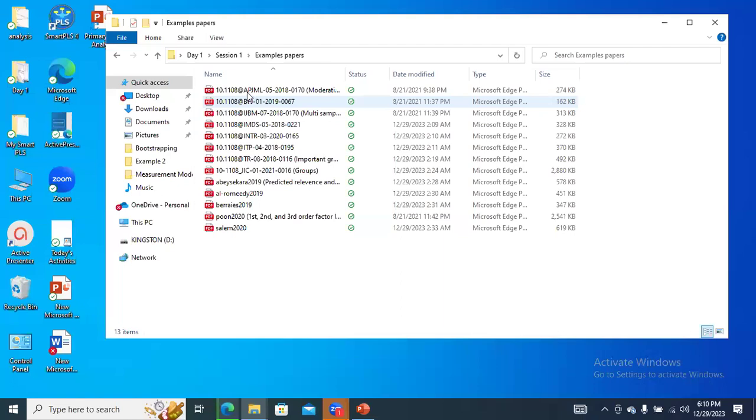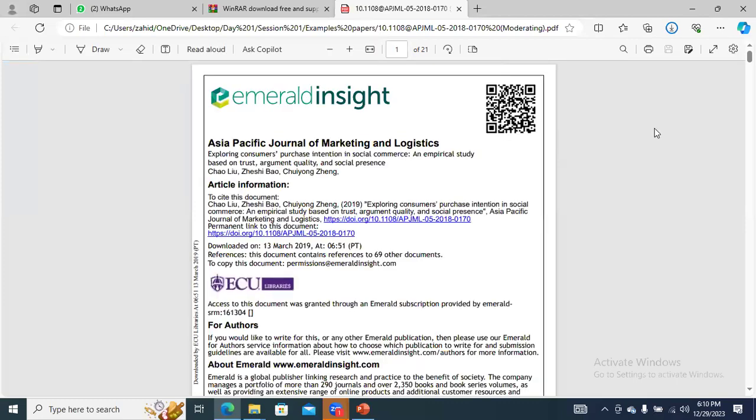When we see a study, like you can see a research paper in front of you.